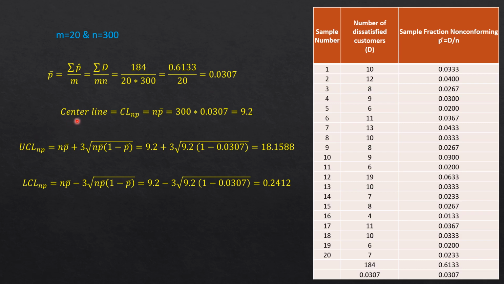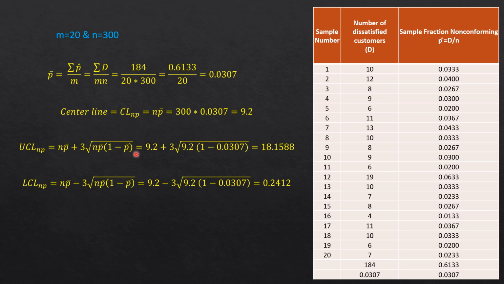Then we calculate the center line. Center line is equal to np bar. We simply multiply n by the p bar we already calculated, so we get np bar, that is the center line, equal to 9.2. Then we calculate the upper control limit.